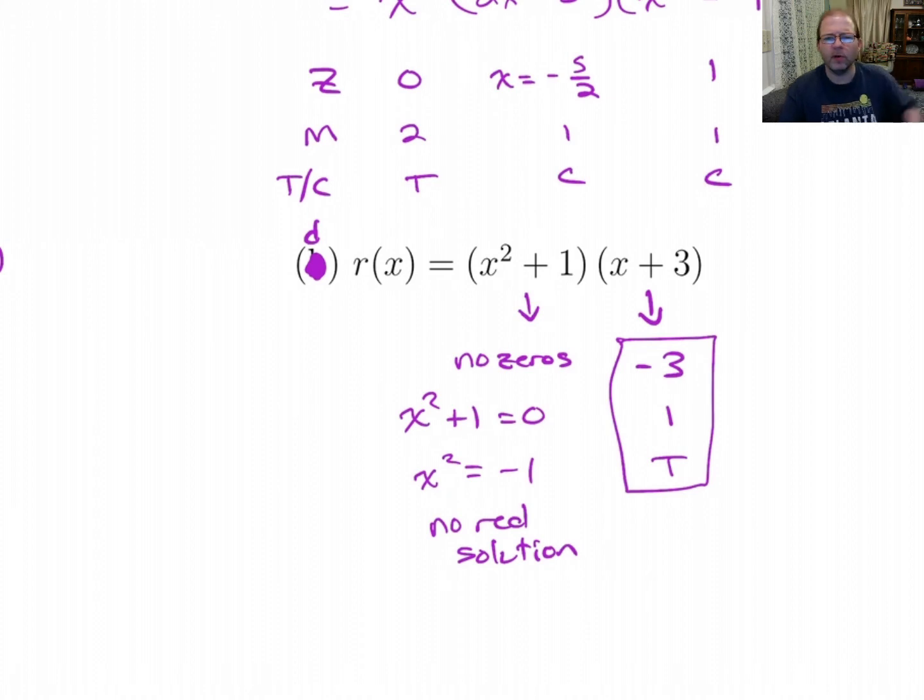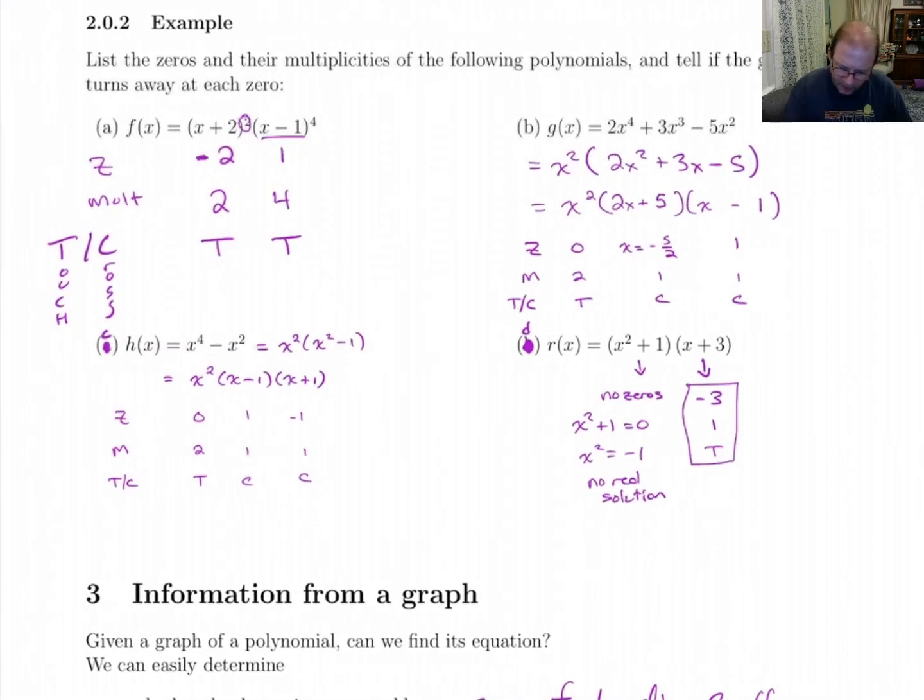Now, what's going on with this? Why is this not giving us a 0? Well, if you multiply this out, you get an x cubed term. This is a cubic polynomial with only 1 zero. We could graph it if we wanted to, and what it would look like would be something like this. I'm not going to actually graph it, but it would look something kind of like that.